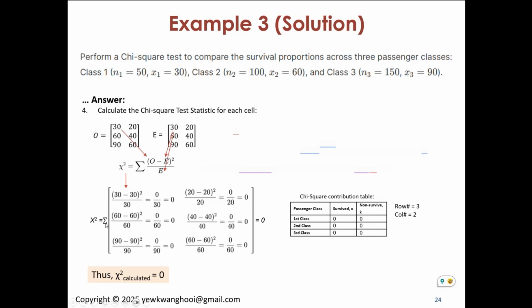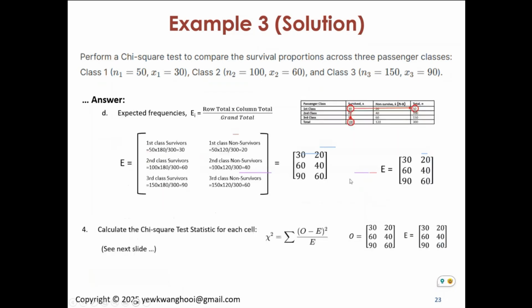And when we total up all the elements inside, we naturally acquire 0. Hence, the calculated chi-square is 0. Next, from this chi-square matrix, we reproduce the table. Earlier, we had the contingency table.